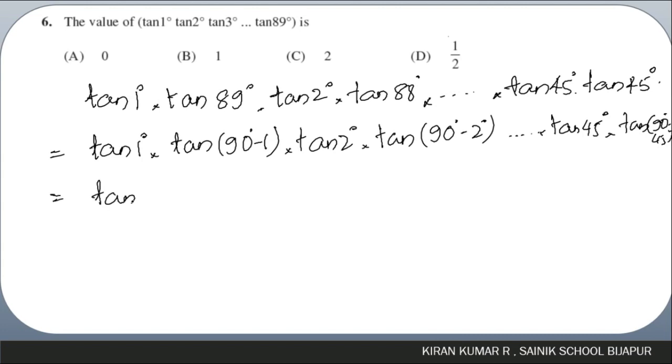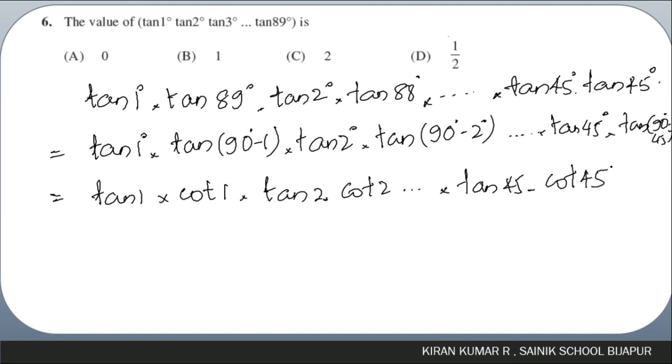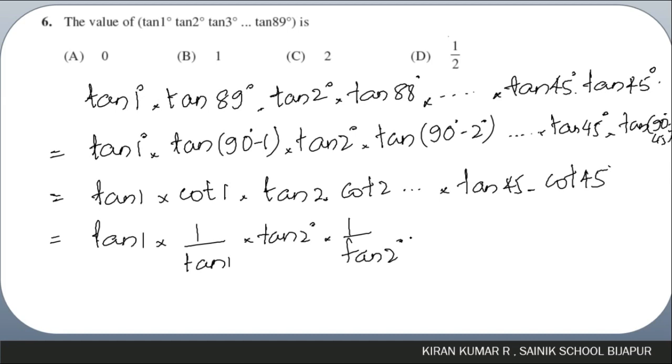We get tan 1 multiplied by cot 1 into tan 2 multiplied by cot 2, and so on, multiplied by tan 45 multiplied by cot 45. This is the same as tan 1 into reciprocal of tan 1, tan 2 degrees multiplied by the reciprocal of tan 2 degrees, multiplied by tan 45 multiplied by the reciprocal of tan 45 degrees.